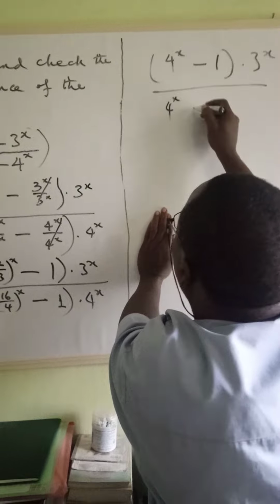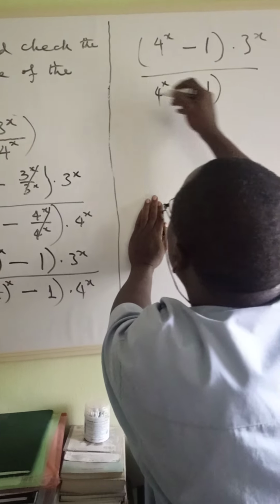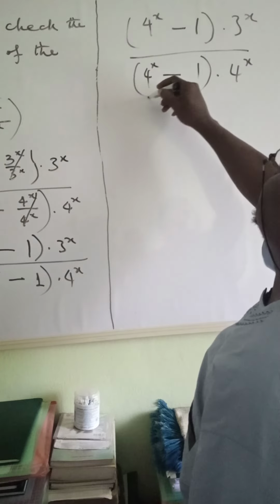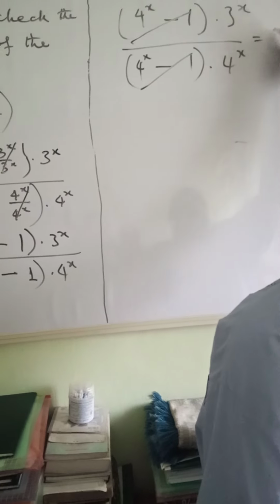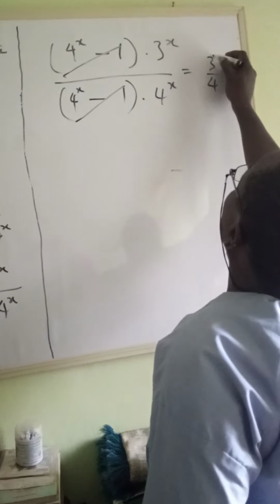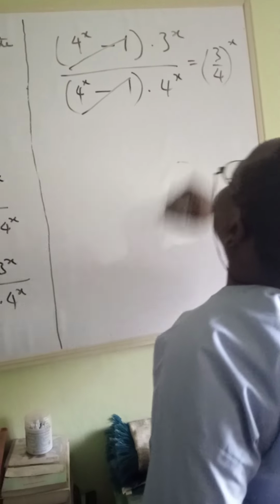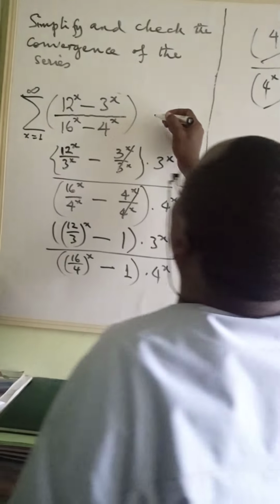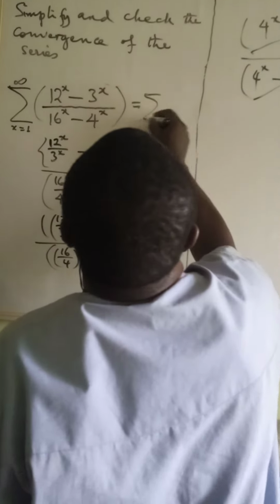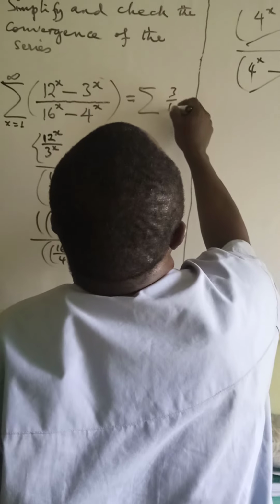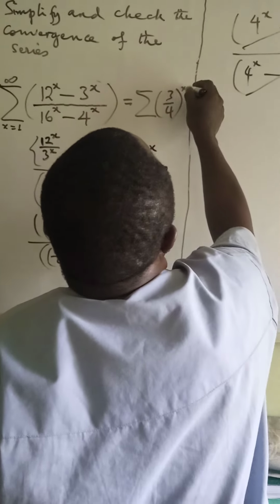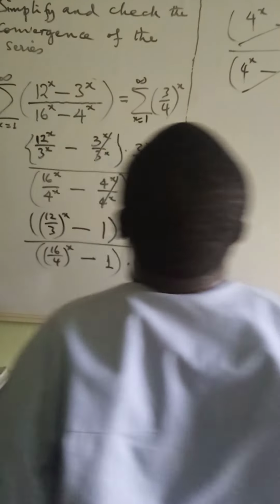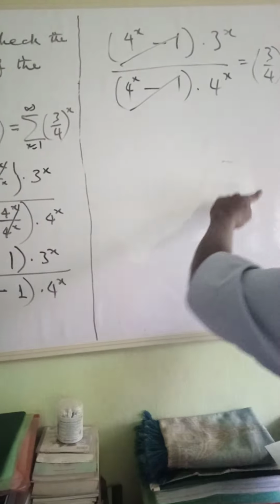So our 4 raised to power x minus 1 again times 4 raised to power x, such that this causes this to give me 3 over 4 all raised to power x. As it is now, I'm coming back here, such that this will now become summation of 3 over 4 raised to power x. Mind it, our x runs from 1 to infinity.